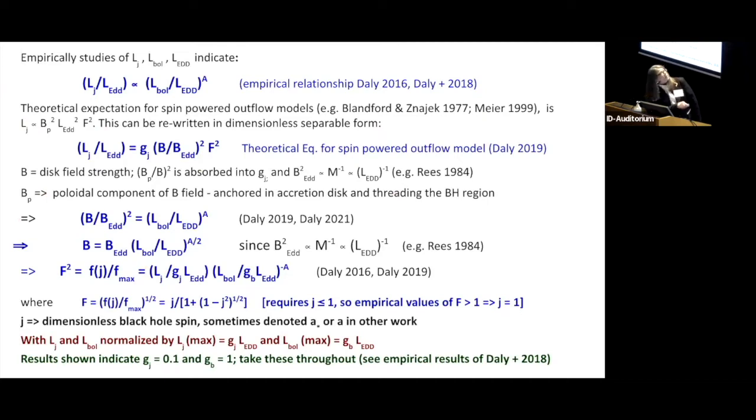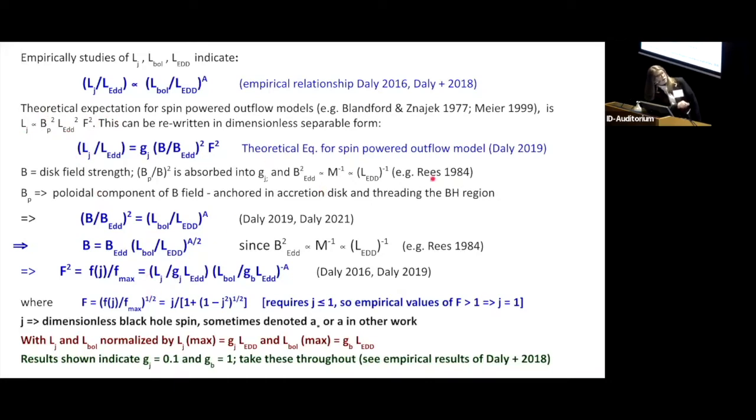All of these models have the same functional form shown here in black, same as the Blandford-Znajek mechanism and other spin-powered mechanisms. The thing that's different from model to model is the coefficient, the constant of proportionality here.